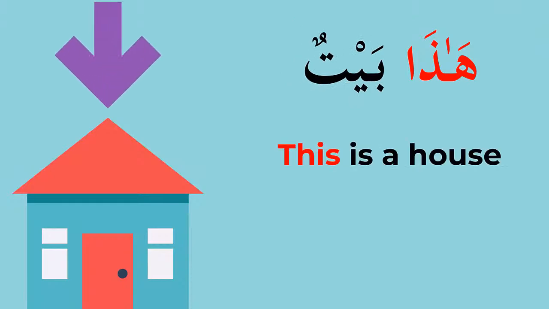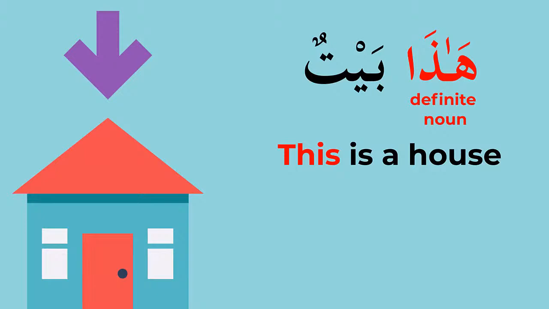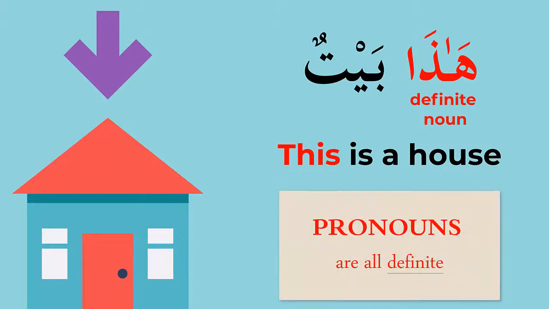Haza baytun. Baytun, a house. Haza is actually definite. We are not going into detail now, but later on we will explain that even haza is definite, because when you point to something, it is something particular.